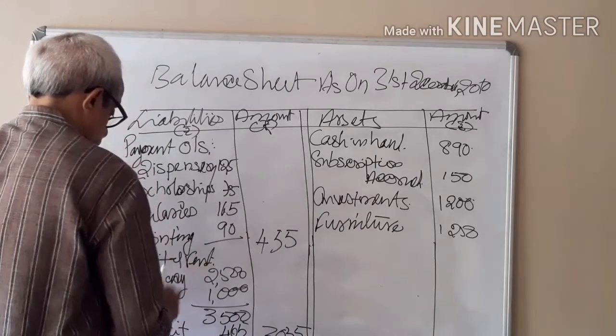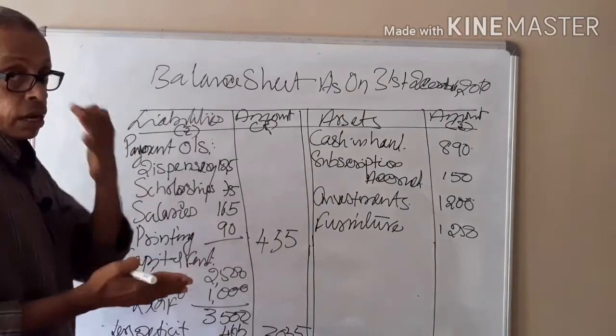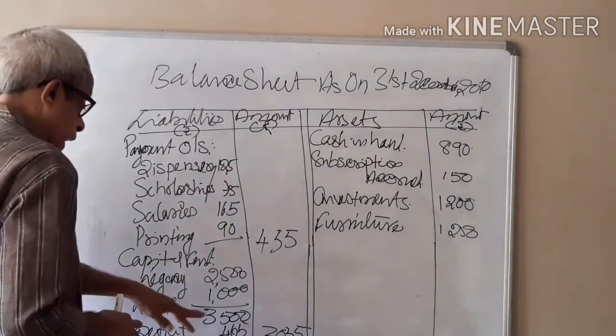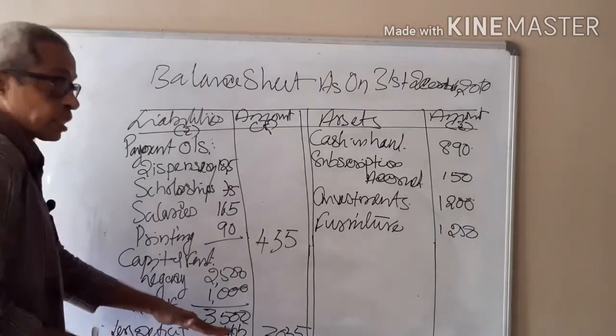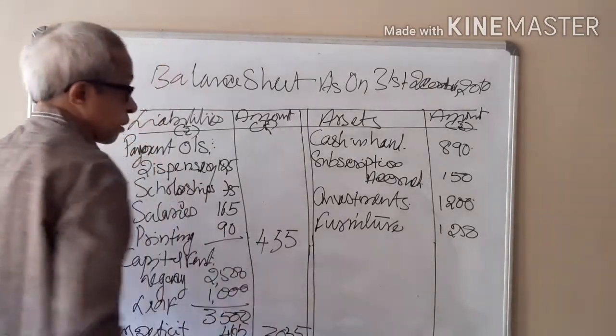Then we calculate the capital fund, that is life membership and legacy. The total amount of consolidated figure of life membership and legacy is the capital fund. From that capital fund we deducted the deficit amount. The final figure will be 3035.